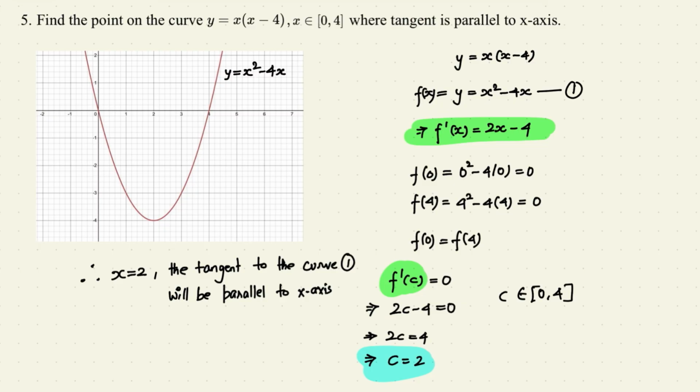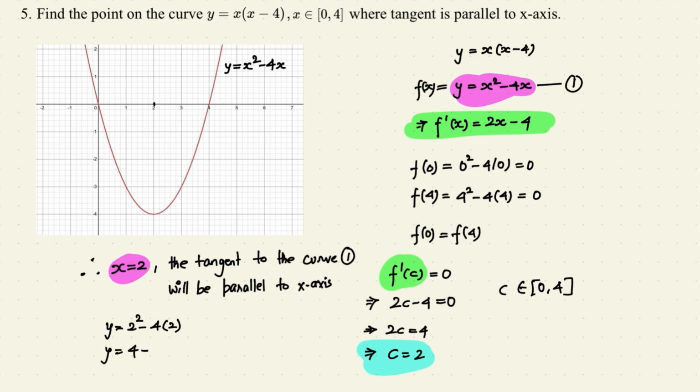That means if I look at the graph, at x equals 2, the tangent will be parallel to the x-axis. But since we need to find the point, let us put the value of x equals 2 in equation 1 to get the value of y. Then my y will be equal to 2 square minus 4 into 2, from which I'll get the value of y as 4 minus 8, that is minus 4.